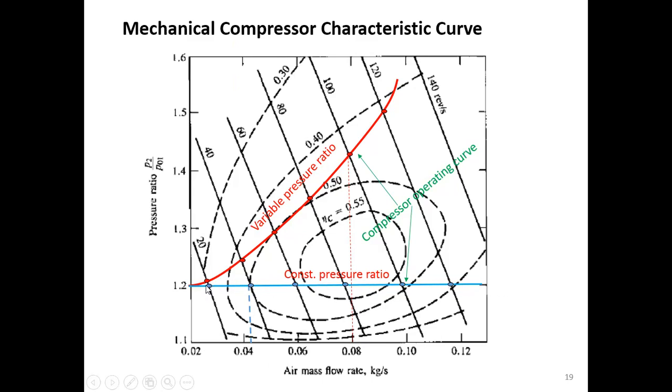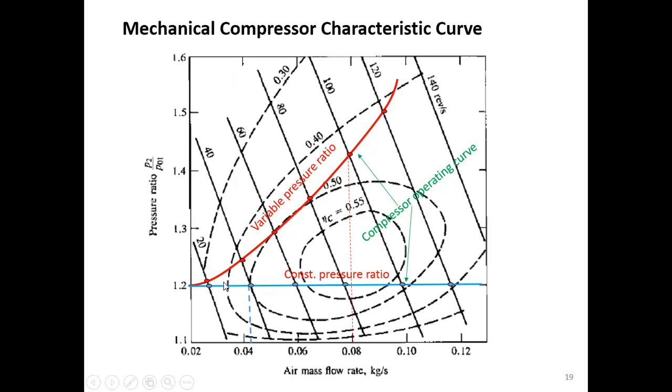So what we have to do is draw this blue line here, so that we know that when the flow changes, when the air mass flow rate changes, what speed of the compressor we need to drive in order to maintain the constant pressure ratio here.